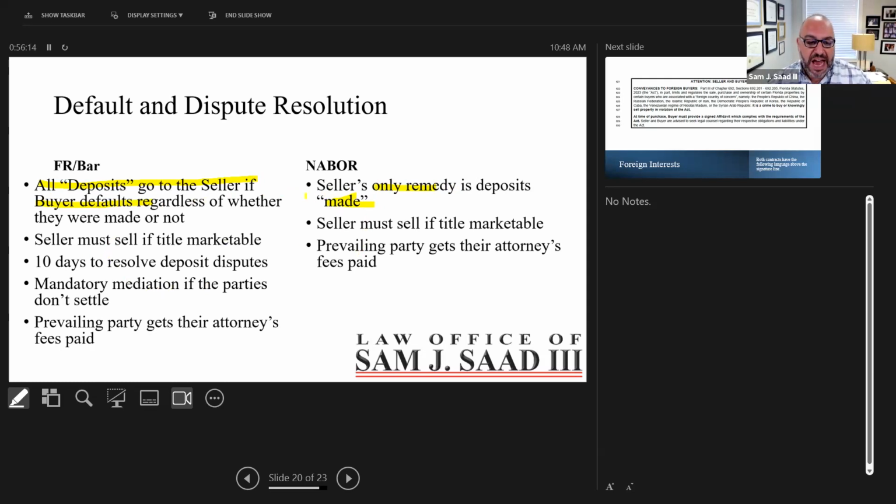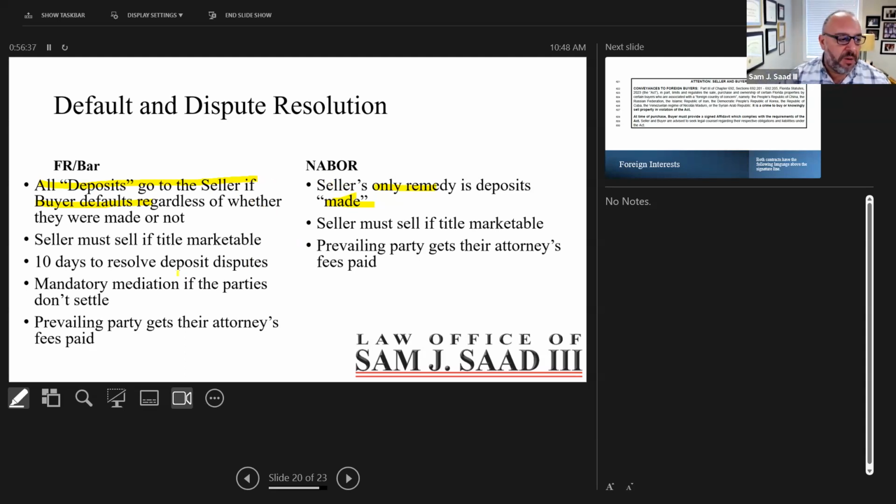If the seller does not have marketable title at closing, there's an extension. But if the buyer defaults either for financing or they don't want to close, they're going to lose all of their deposits under FRBAR, whether they made them or not. And under NABOR, it's only deposits made.